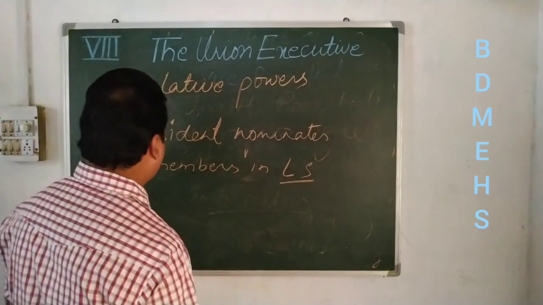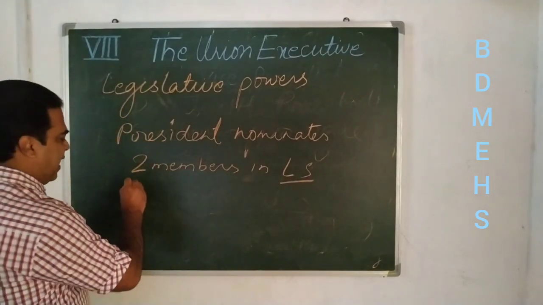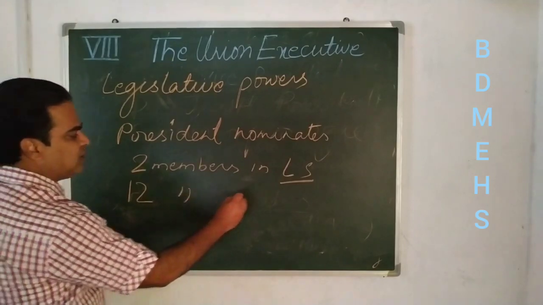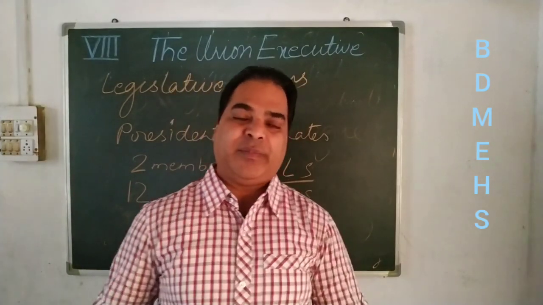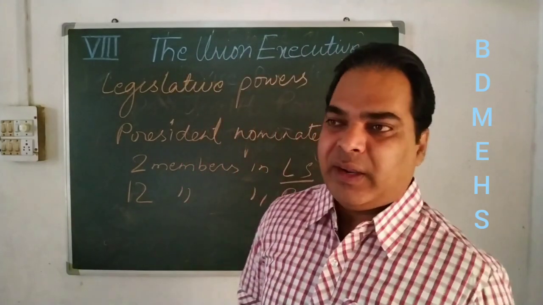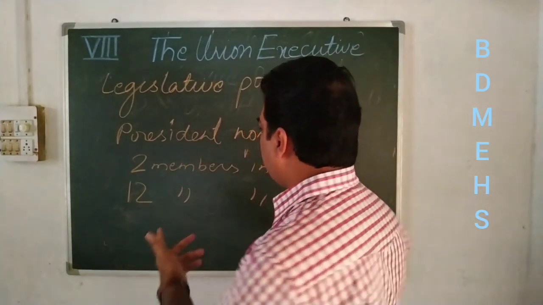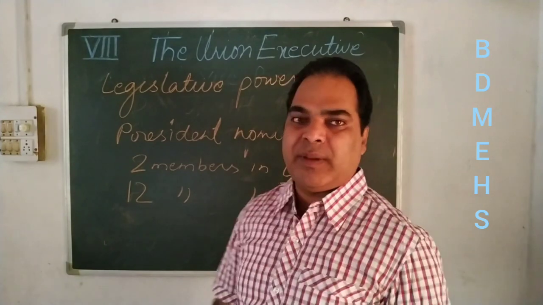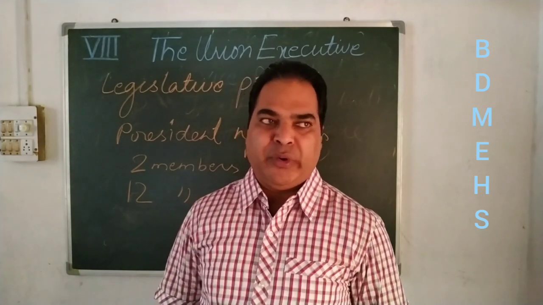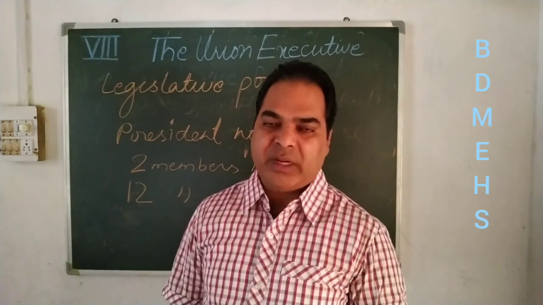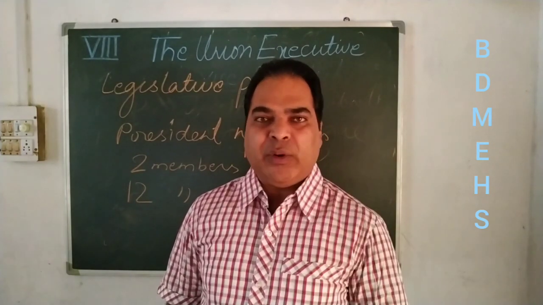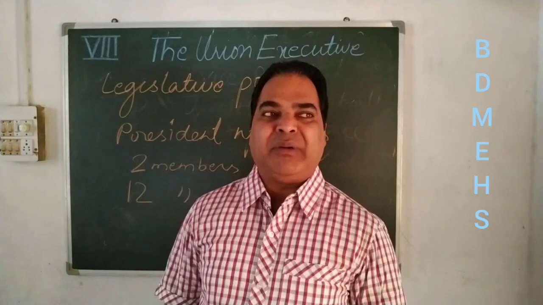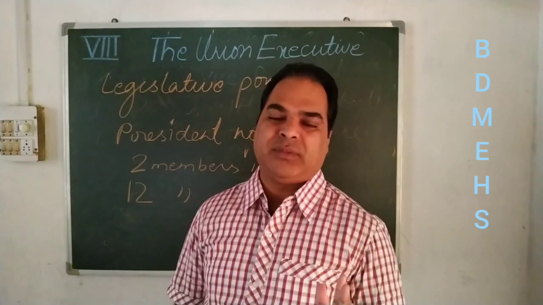In the previous chapter I told you who the 2 members nominated in the Lok Sabha are. They belong to the Anglo-Indian community. The President nominates 2 Anglo-Indian members in the Lok Sabha if he feels that the community is not properly represented.